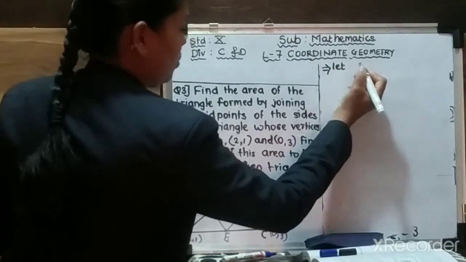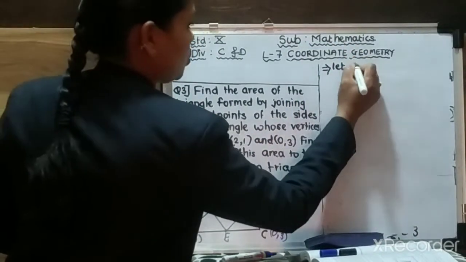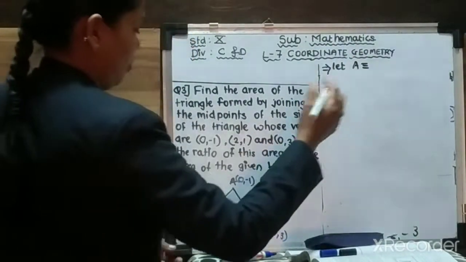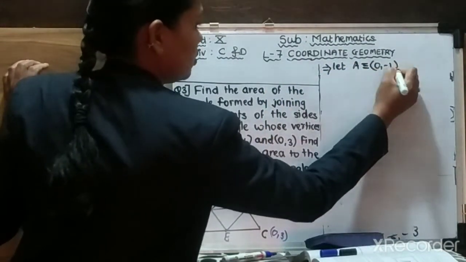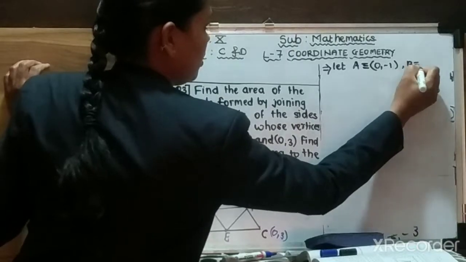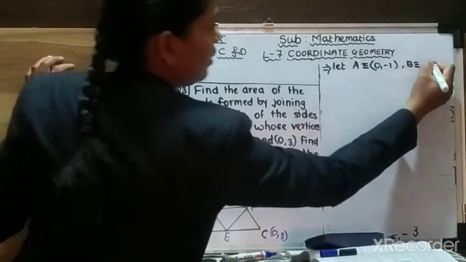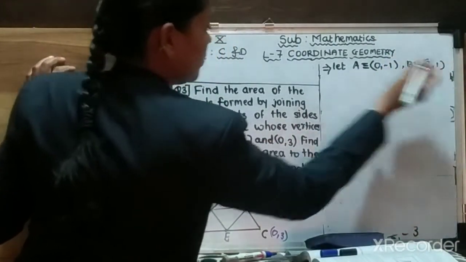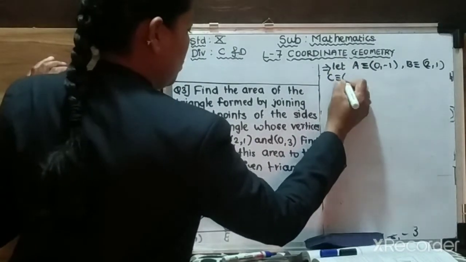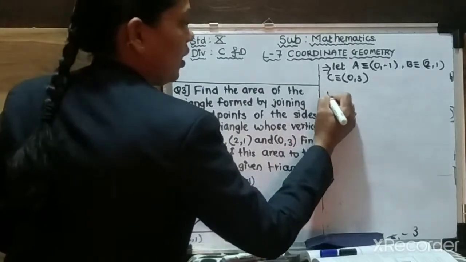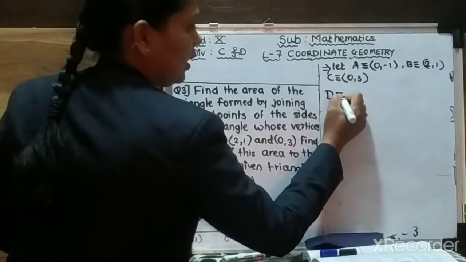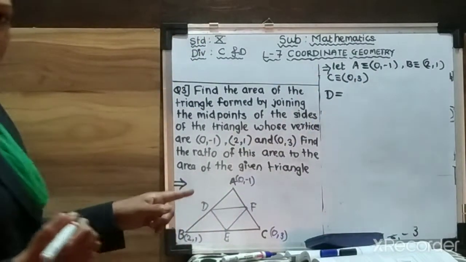First write it down. Let A be the point (0, -1), B equals (2, 1) and C equals (0, 3). Similarly, now we are going to find out D, right? So how will we find D?